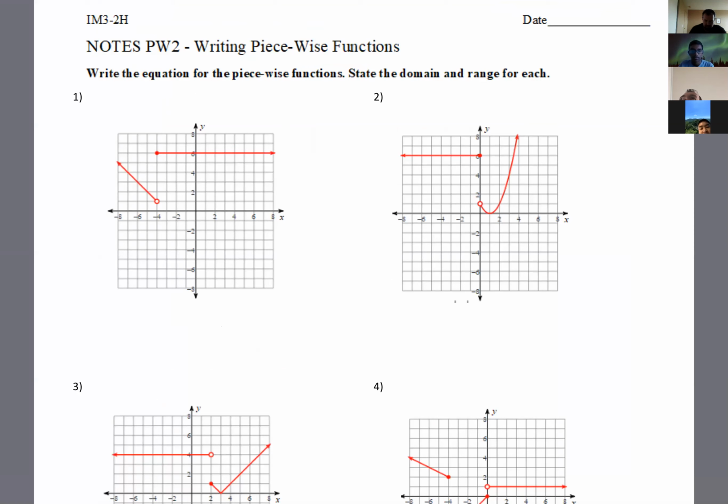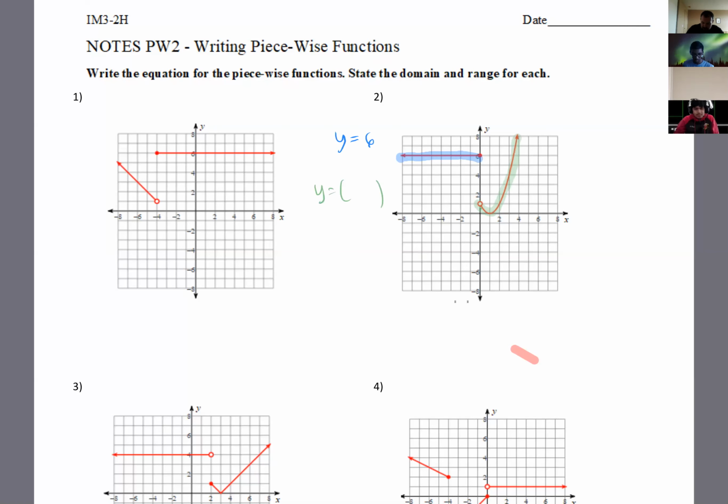Okay, so right here, I am going to use a highlighter to start with this one. This is the line you said earlier. This is y equals 6. And then for the other one, I'm going to use a highlighter. The other one is going to be y equals.